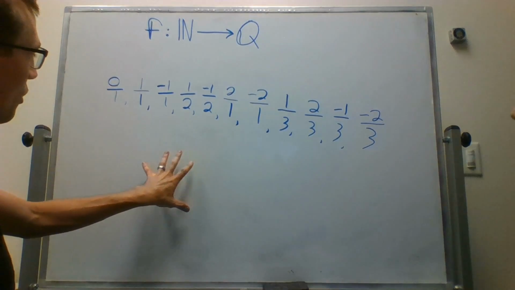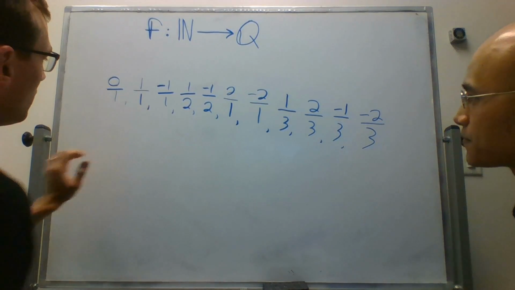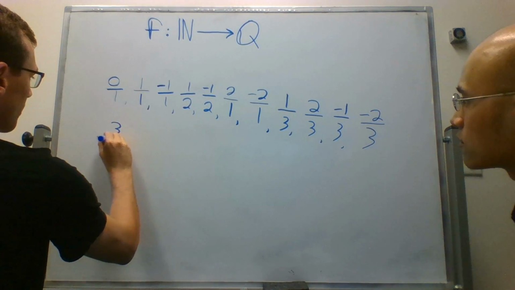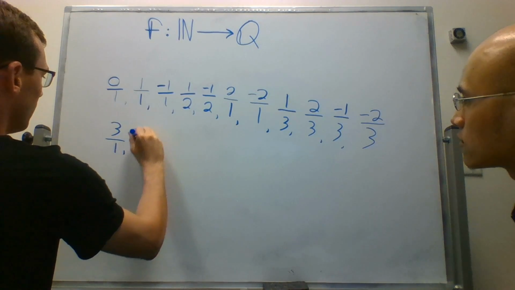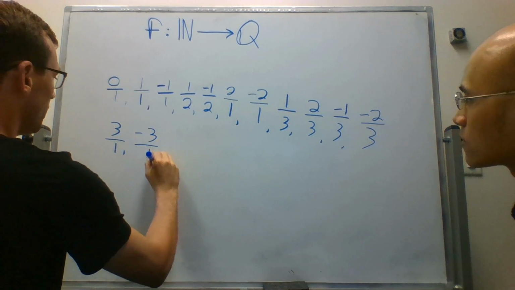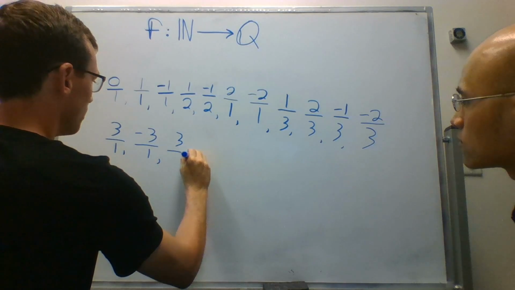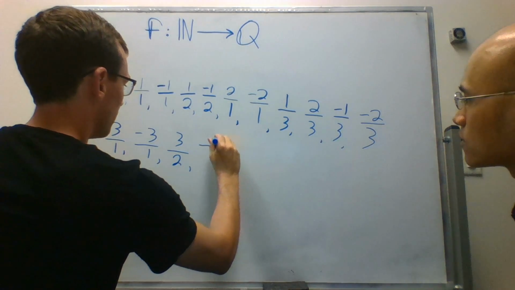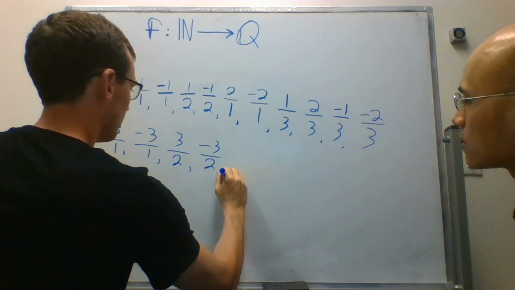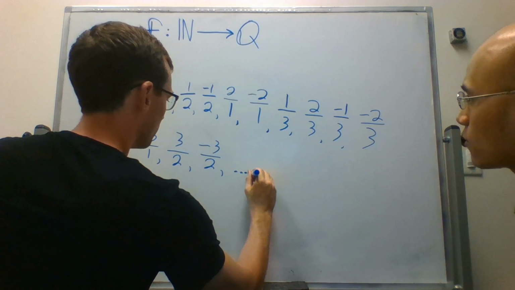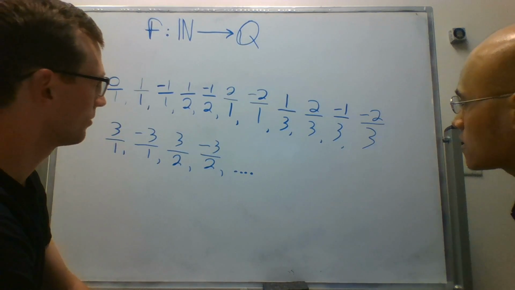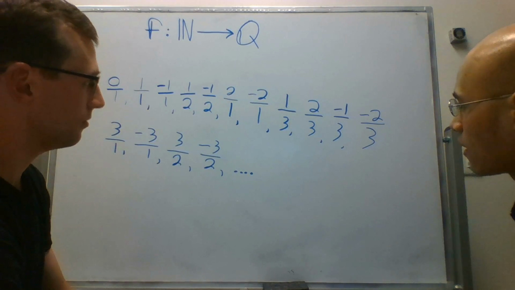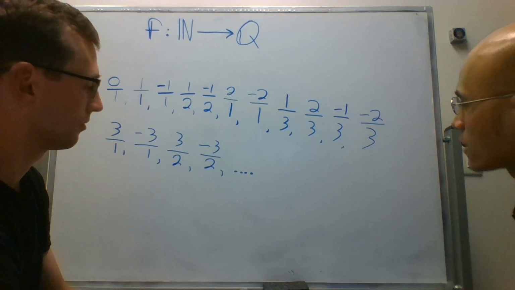Right. So, okay, let's go back. So now we need 3 over 1. Negative 3 over 1. And let's go 3 over 2. Negative 3 over 2. Okay. So you are, in a systematic way, listing all of the possible rational numbers.